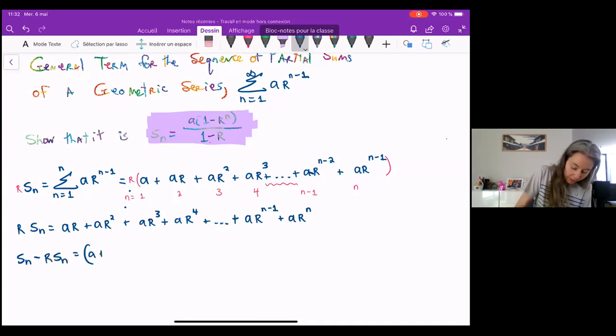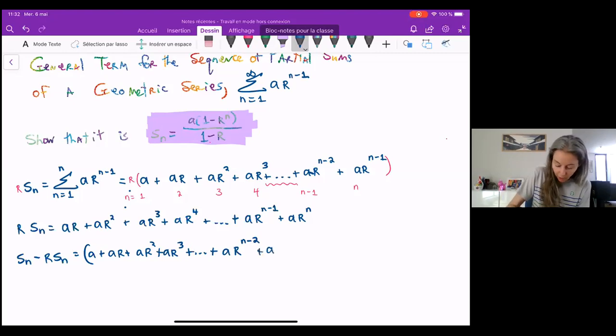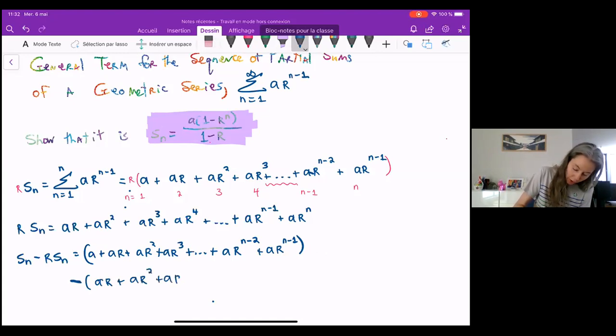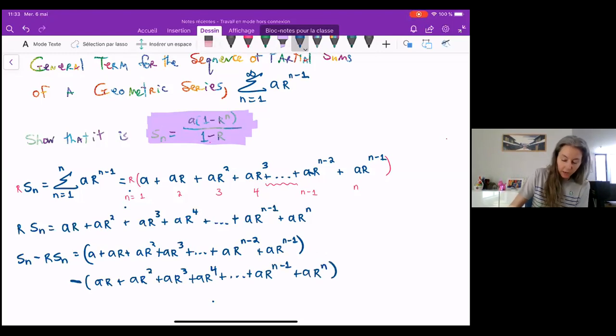So a plus ar, I forgot my ar, oops, plus ar squared plus ar cubed plus dot dot dot plus ar to the n minus 2 plus ar to the n minus 1, minus, and I'm going to move my minus sign down to the bottom, ar plus ar squared plus ar cubed plus ar to the fourth plus dot dot dot plus ar to the n minus 1 plus ar to the n.